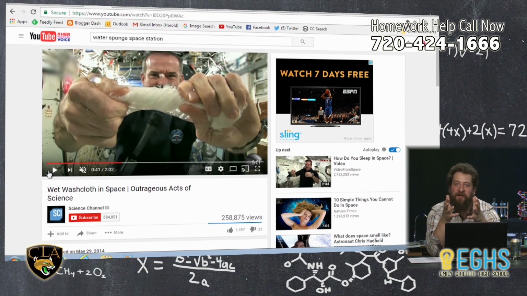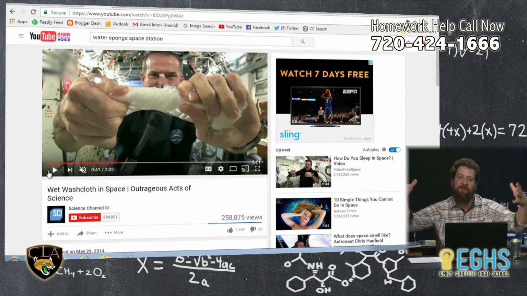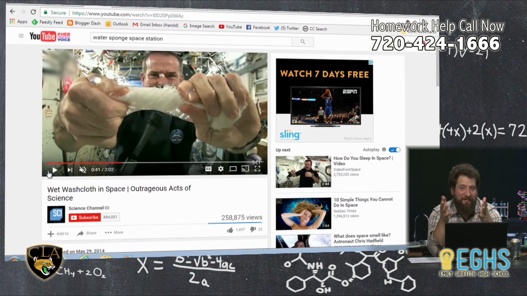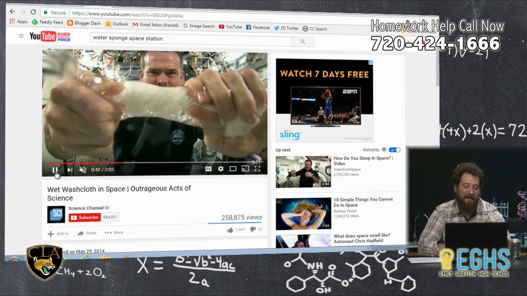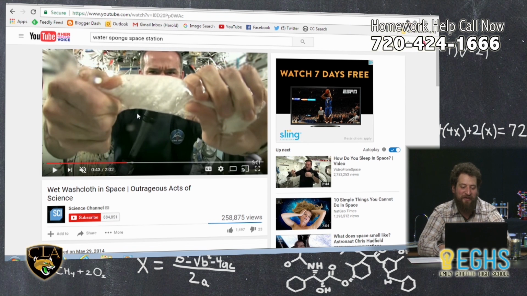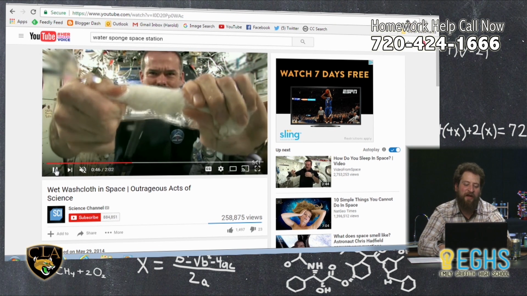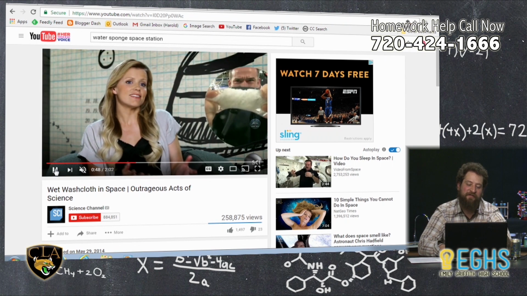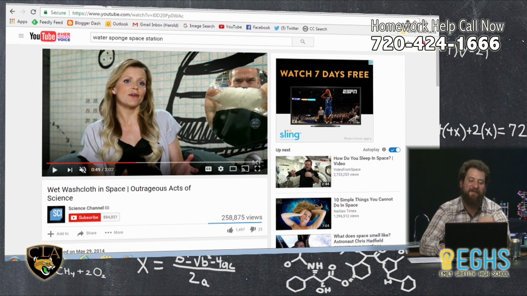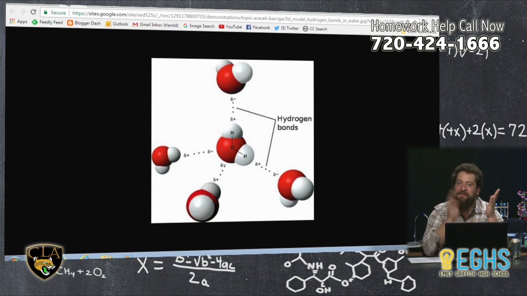If it didn't have the property of cohesion, it would just float off in all directions. But it does have the property of cohesion, and so you can see that it holds together. And as little pieces of water break off, they tend to break off into little spherical pieces. In any case, there are lots of videos that reference this, and you can check those out.